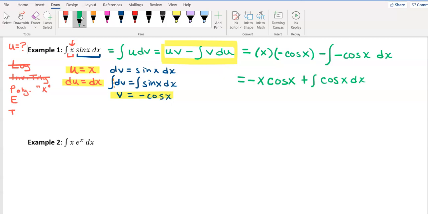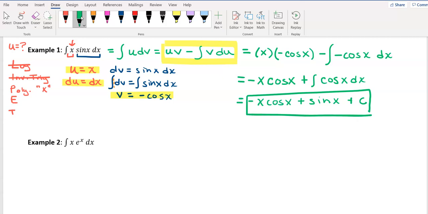And the derivative that gives us cosine is sine. So the antiderivative of cosine is sine. Now we have negative x times cosine of x plus the sine of x. And now, since we're done, we're going to have that integration constant, and we can call it a day. All right, so that's example 1.